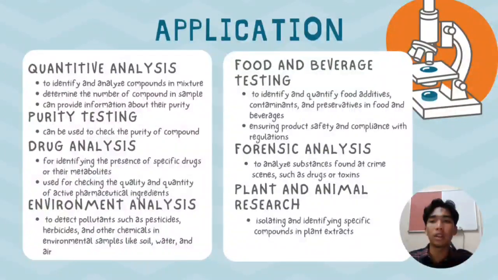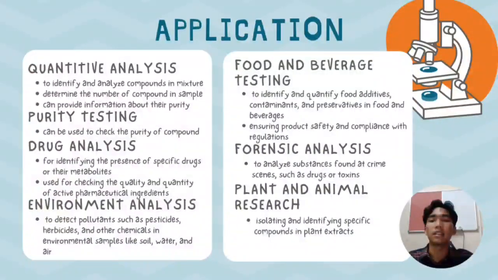Number five, food and beverages testing. TLC can be used to identify and quantify food additives, contaminants, and preservatives in food and beverages, ensuring product safety and compliance with regulations. Number six, forensic analysis.